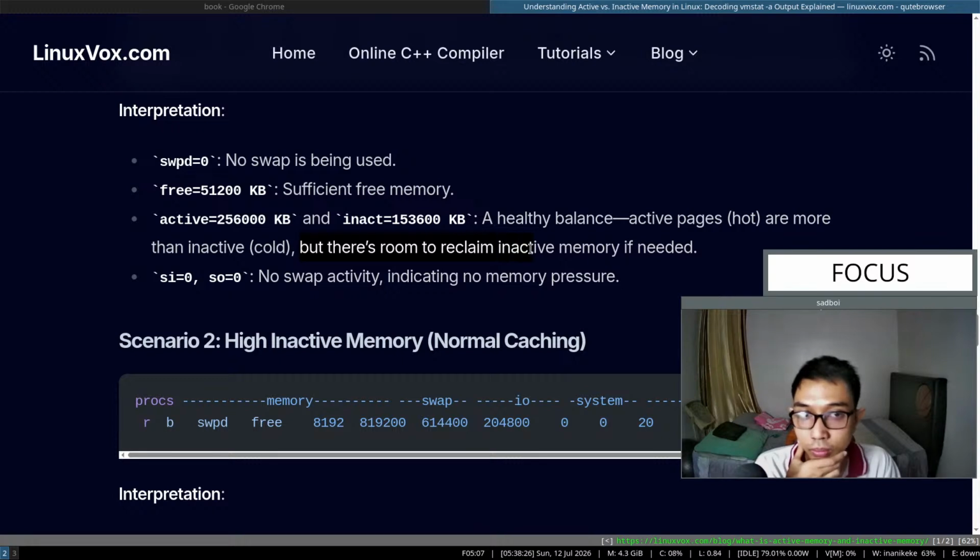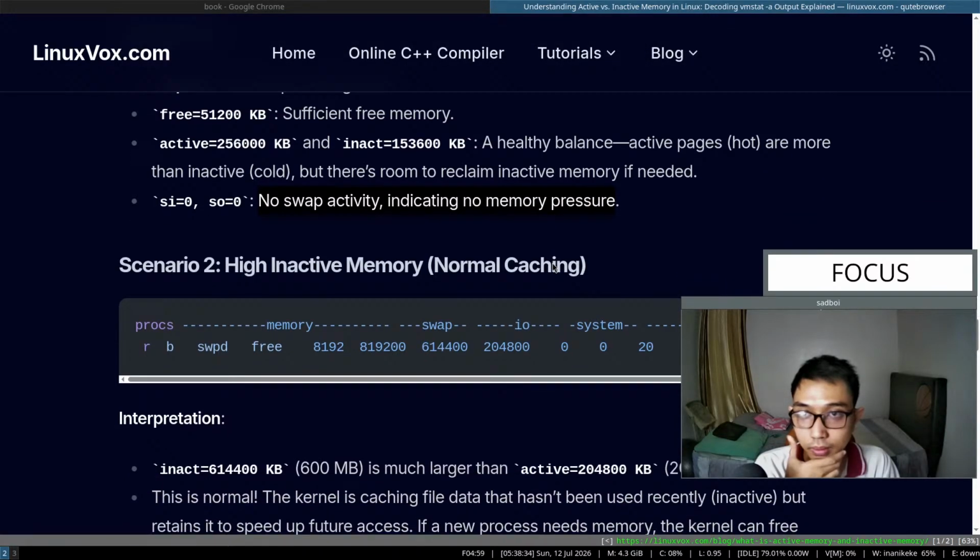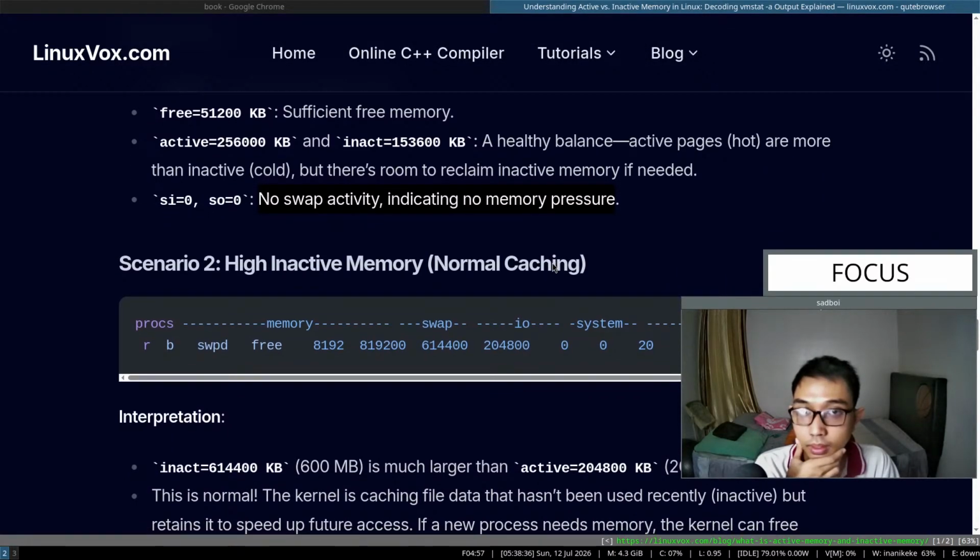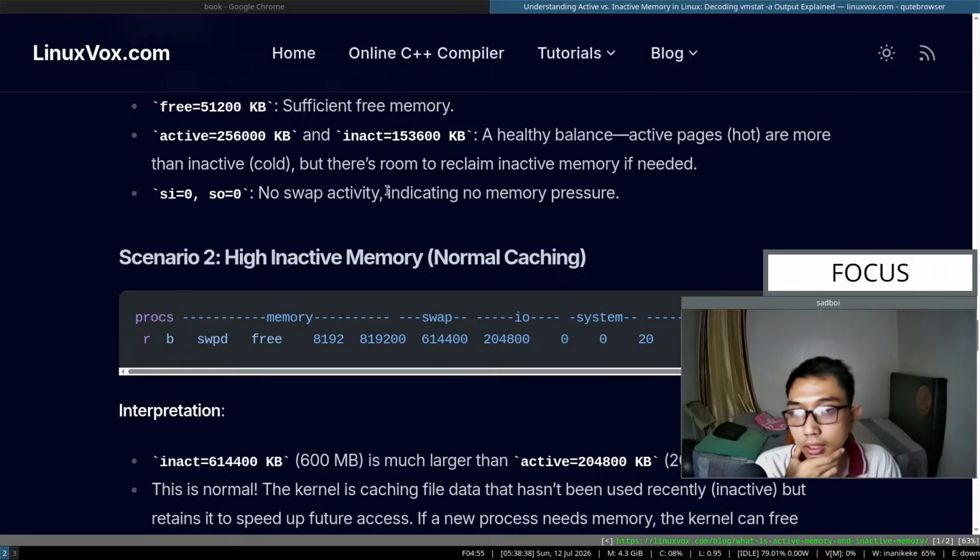But there is room to reclaim inactive memory if needed. No swap activity, indicating no memory pressure. Interesting. Okay.